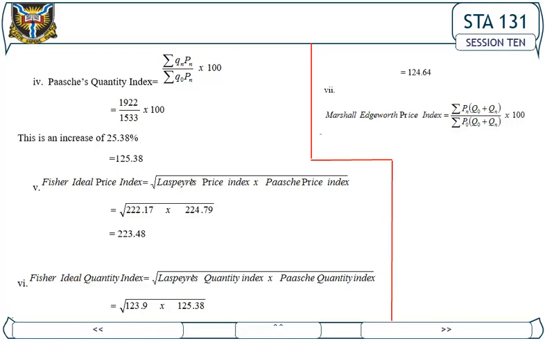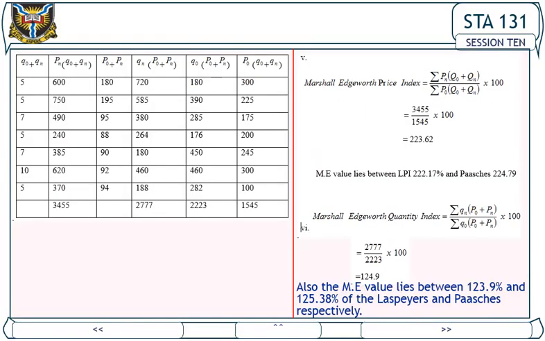7. Marshall-Edgeworth price index is equal to 223.62. The ME value lies between LPI 222.17% and Paasche 224.79. 8.